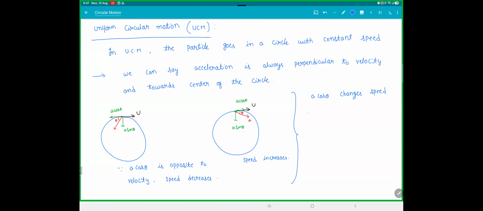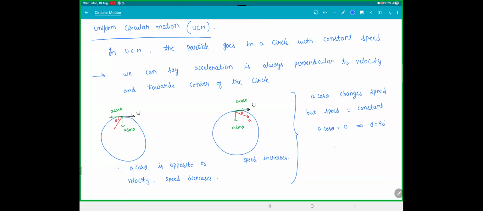And since speed is constant, a cos theta must be equal to 0 and theta must be 90.